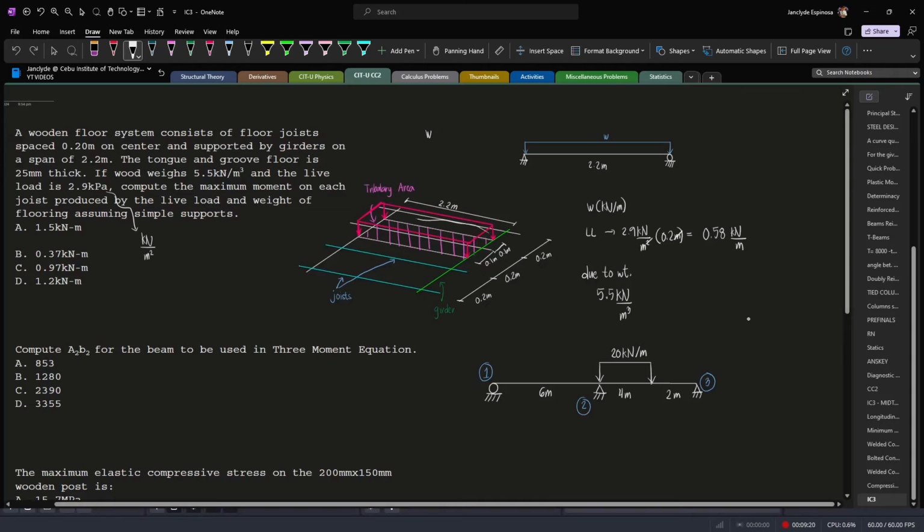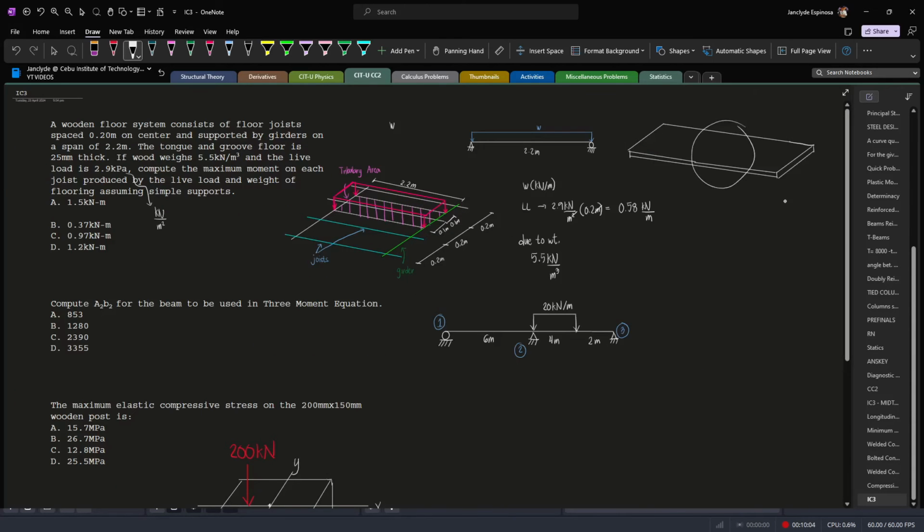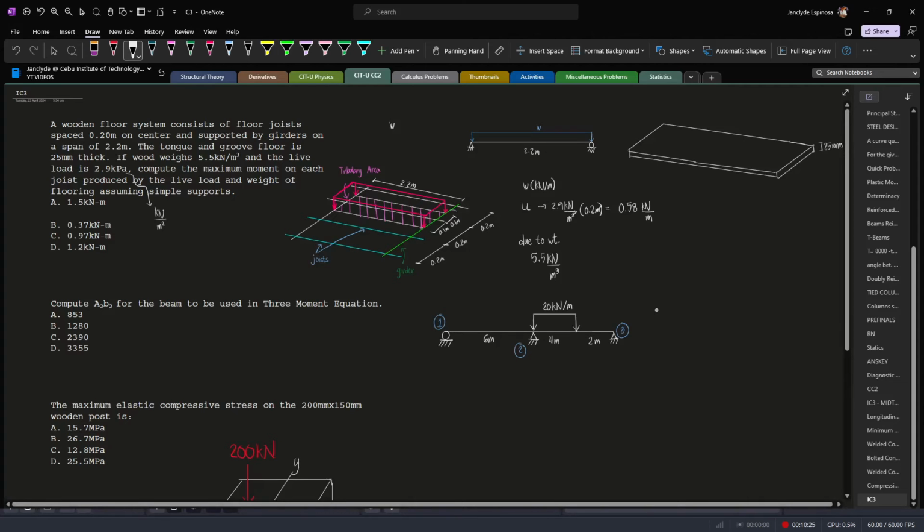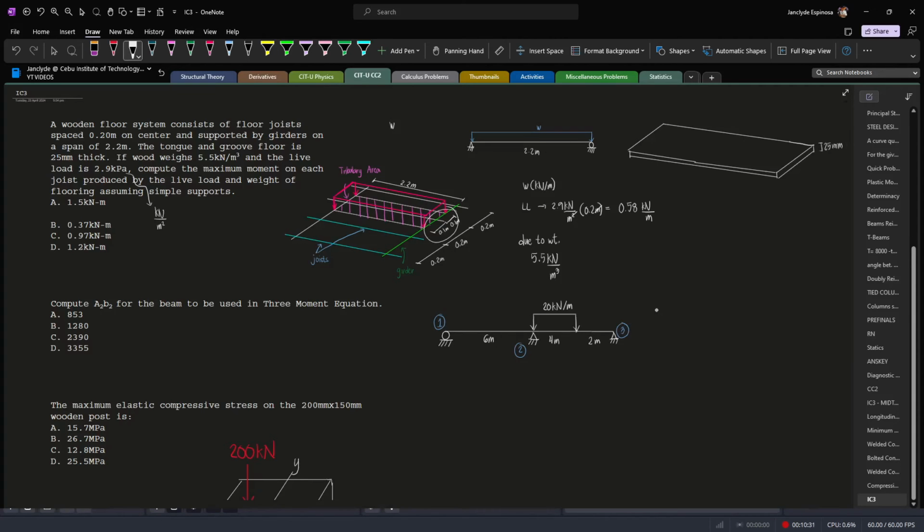And so if ito-draw natin to in 3D, we have this figure. Yan. Itong drawing na to, it's this part. Yan. And so diba, we are given the floor thickness which is 25 mm. So this is 25 mm. And the diba, alam natin yung spacing which is 0.2 meters. So this is 0.2 meters.